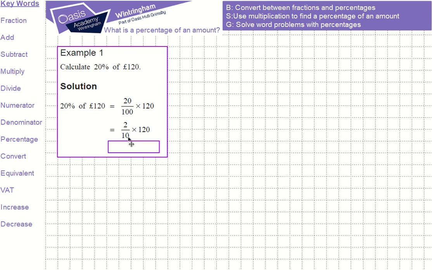So 2 over 10 multiplied by 120. 2 multiplied by 120 will be 240. And remember the fraction line means divide. So we would have 240 divided by 10, and our final answer will be £24.